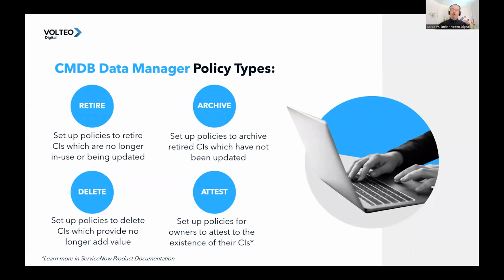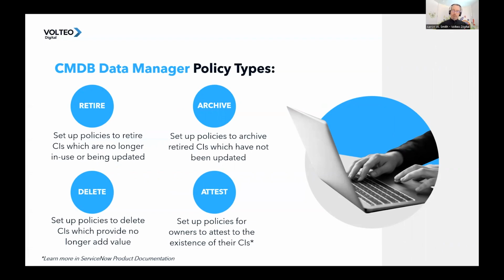There are 4 core data manager policy types. We have retire, which of course allows us to find, identify, and retire CIs which are no longer in use or no longer being updated. Once a CI is retired, then we can archive that CI.